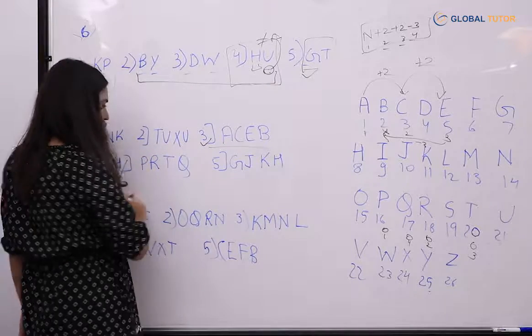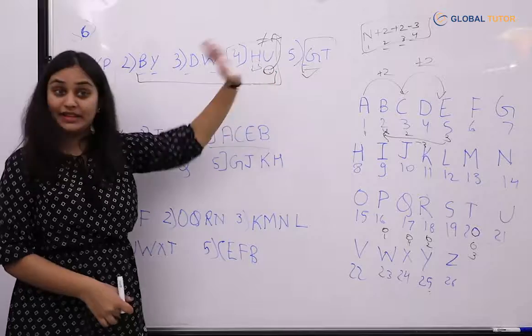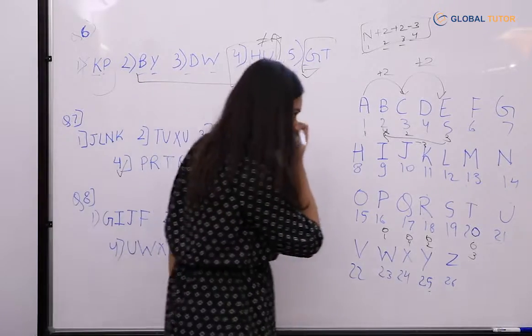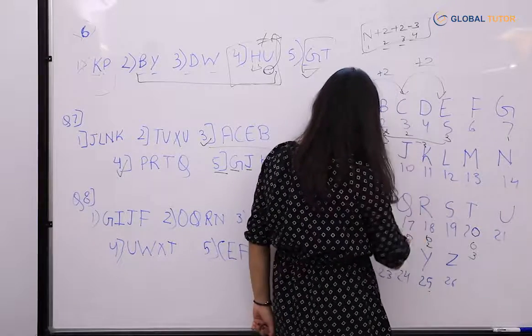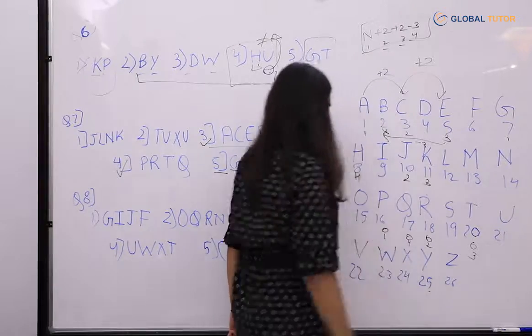So we have established 2 elements that follow that particular pattern and are abiding by that formula. Then we have got G, J, K and H. Let's check for that.